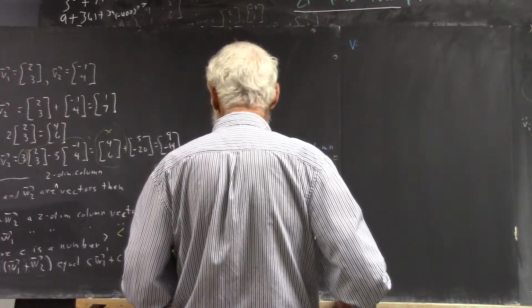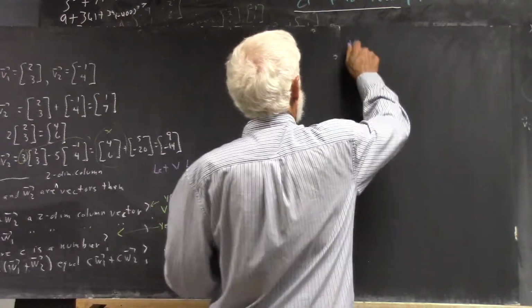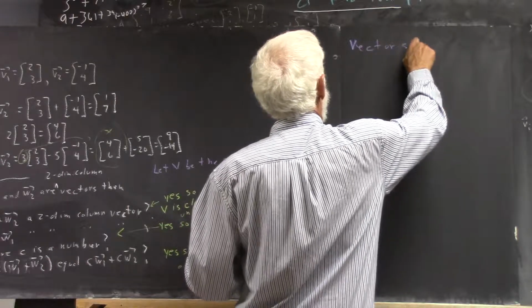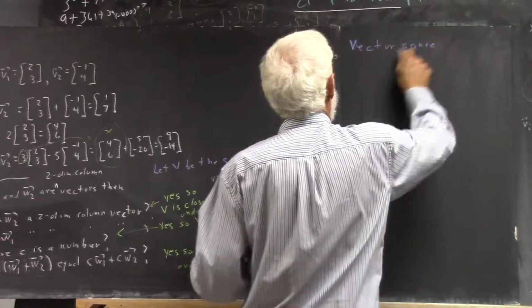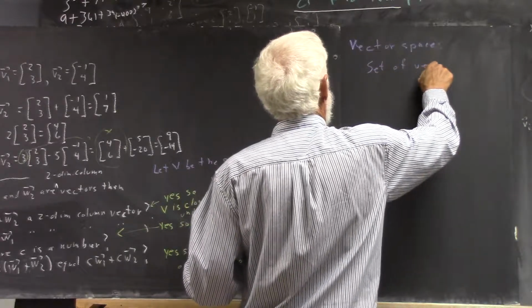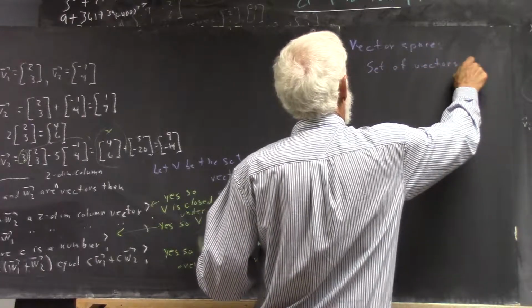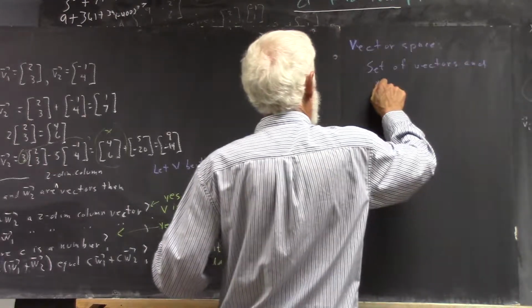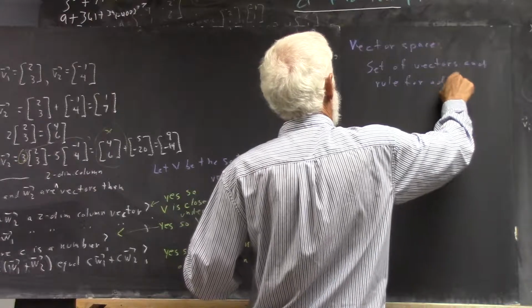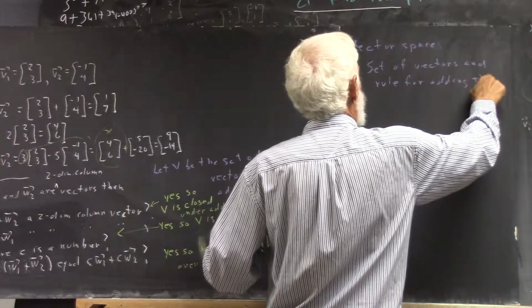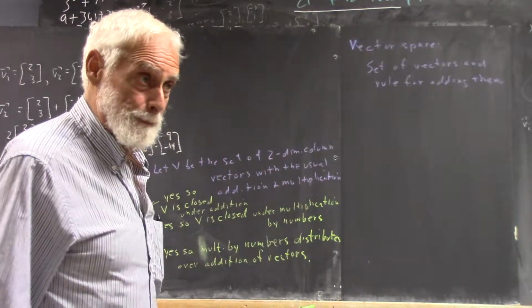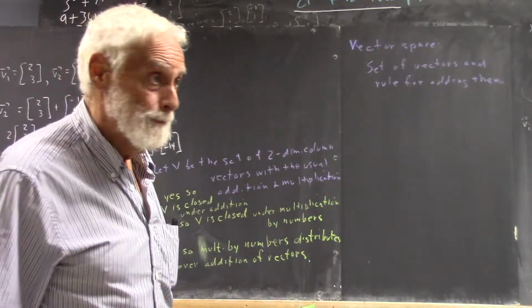Probably not a good one either, but vector spaces: a set of vectors and a rule for adding them. Okay?